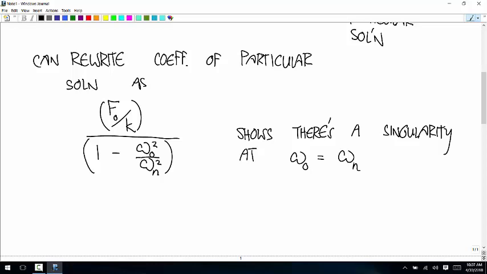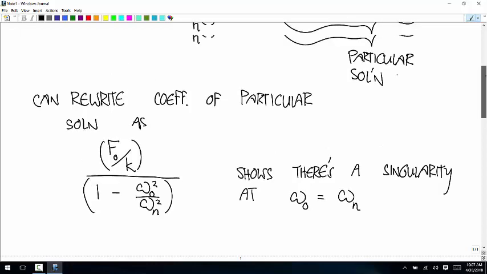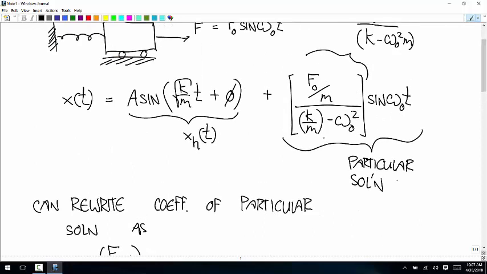If those two are equal, then omega 0 squared over omega n squared is 1. The denominator goes to 0, and so you have this particular solution that explodes, goes towards infinity. So it doesn't tell us anything. That's a singularity. It doesn't tell us anything specifically when those two are the same.